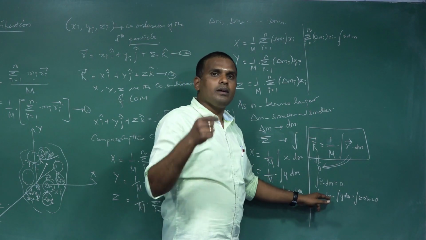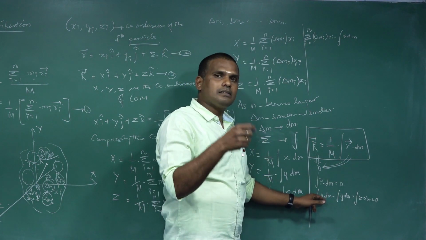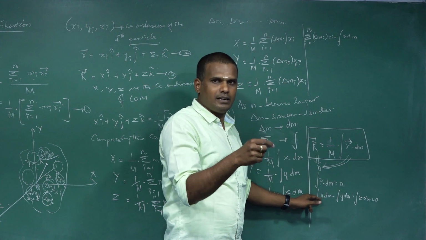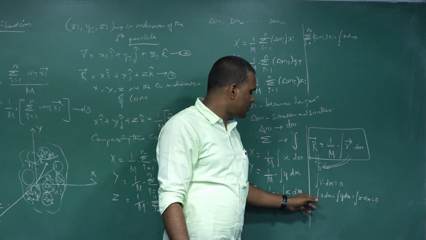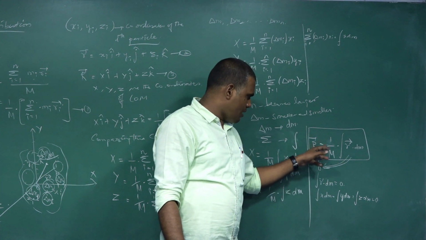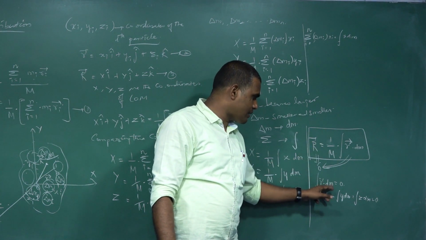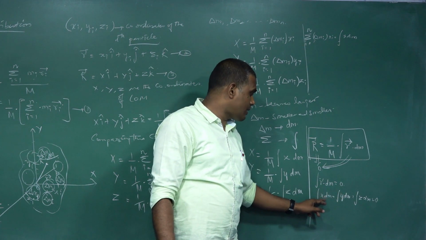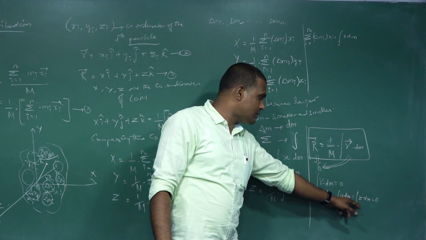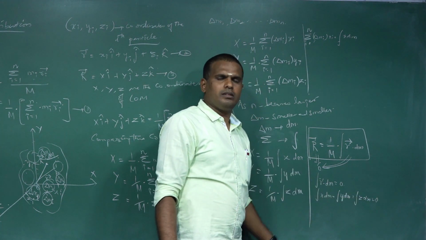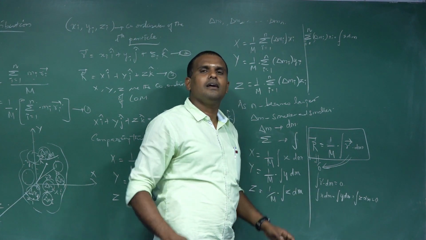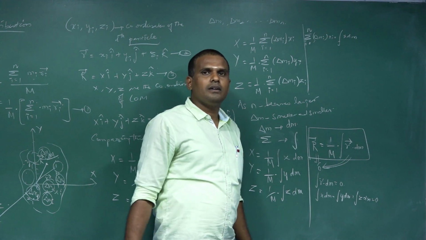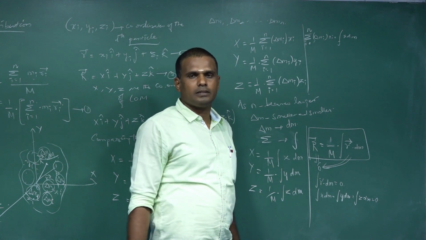When the center of mass lies exactly at the origin, the position vector is equal to 0. So the expressions can be R vector equals 0, or integral r vector dm equals 0, or integral x dm, integral y dm, integral z dm all equal 0. This is all about the center of mass of a uniform distribution of masses, or the center of mass of a system of n number of particles.